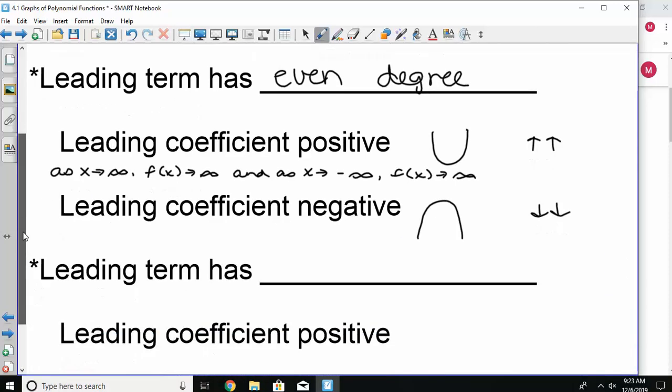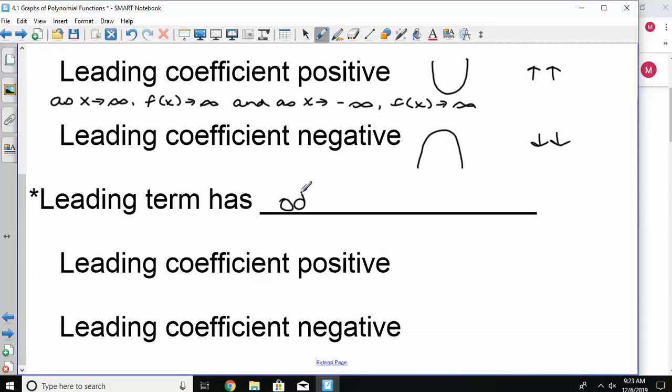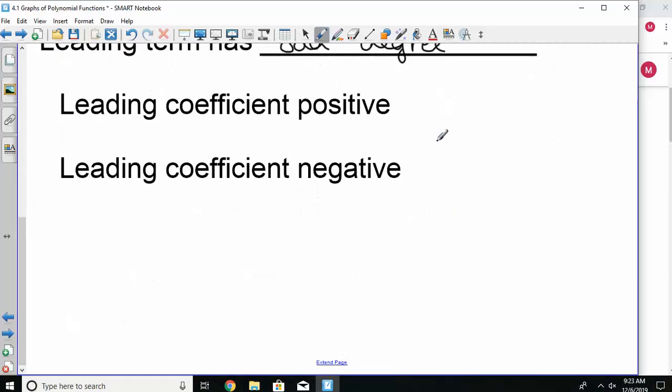If the leading term has an odd degree, then we said it was going to look like x cubed. So if it's positive, we know x cubed looks like this, so what's my end behavior? We go left to right though, so we'll call it down, up.